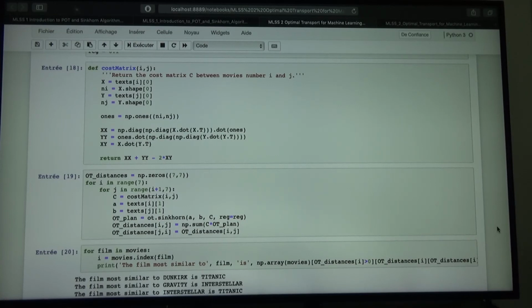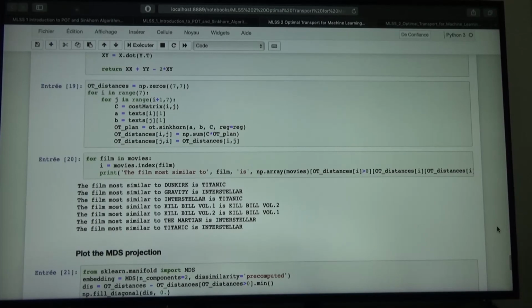This is not optimal, but instead of doing a double loop, you can vectorize everything a bit. You could probably get rid of some diagonals here, but yeah, it works. So it's just computing the cost matrix between the embeddings, the point clouds in the 300-dimensional space.